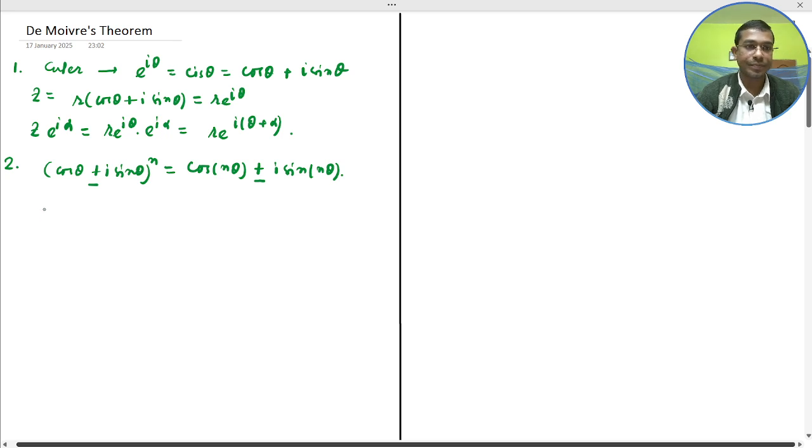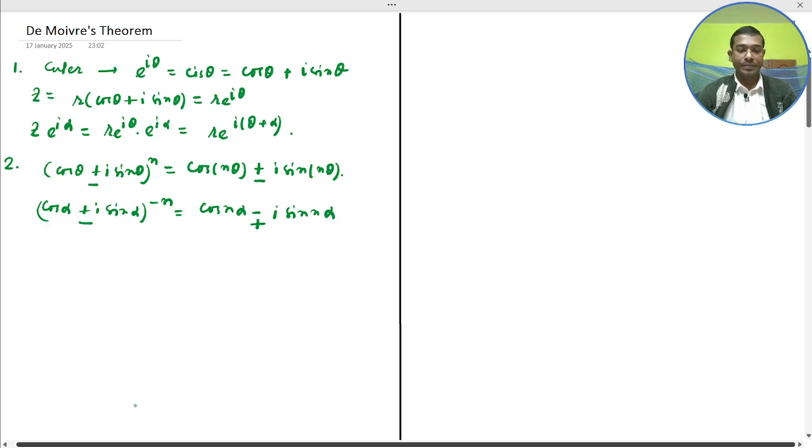Suppose that (cos alpha plus i sin alpha) to the power minus n, so here would be cos n alpha minus i sin n alpha. Next one, here the minus, here would be the plus. This is for the integral index.